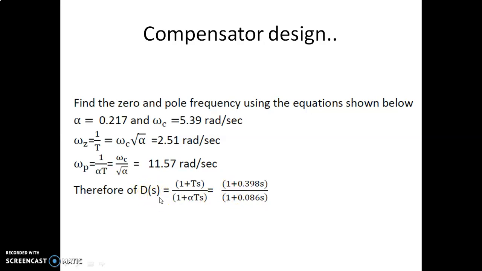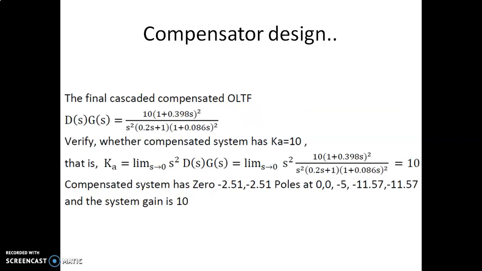This is for a single phase lead network, but in the overall compensated system we are supposed to have a cascaded network. That's why you can see it is 1 plus 0.398 s, whole squared. This is also squared in the denominator, meaning that these are cascaded compensators.